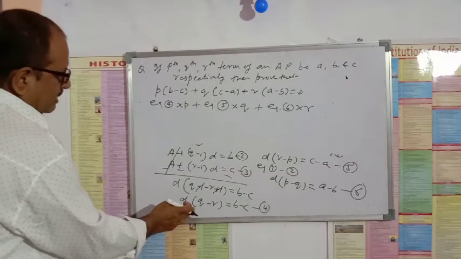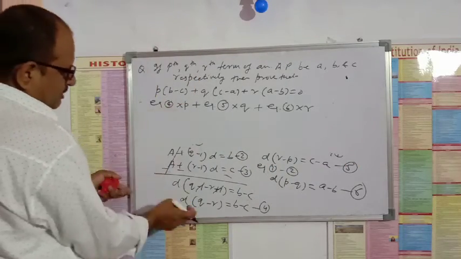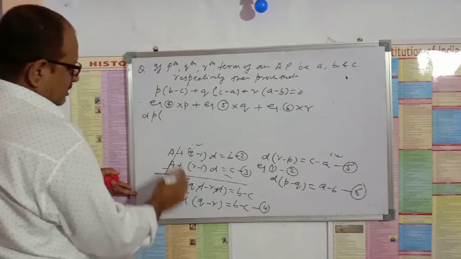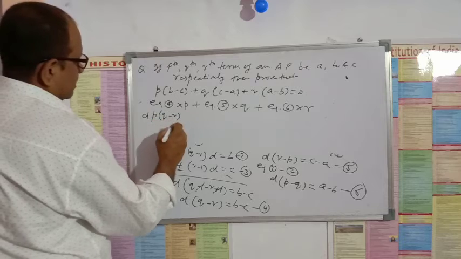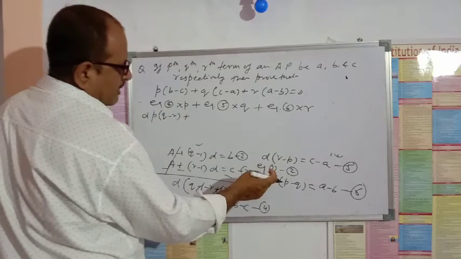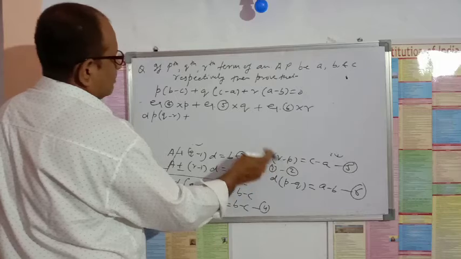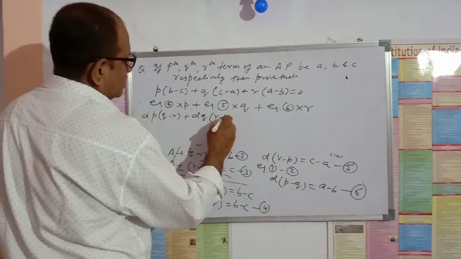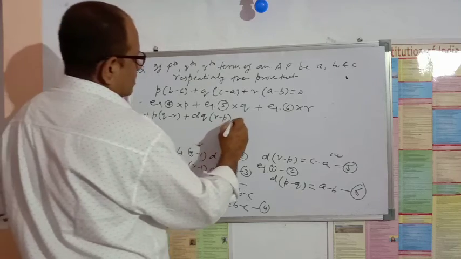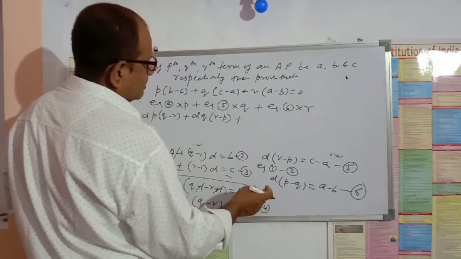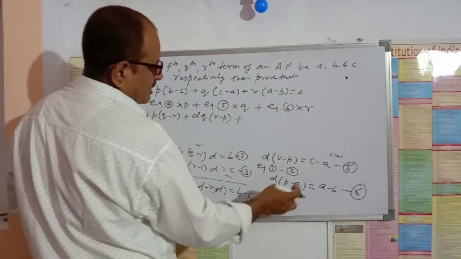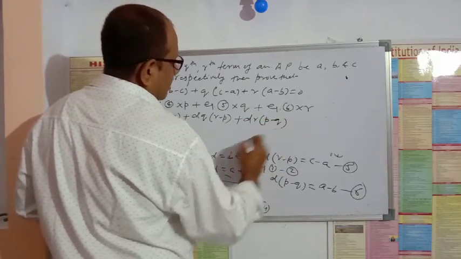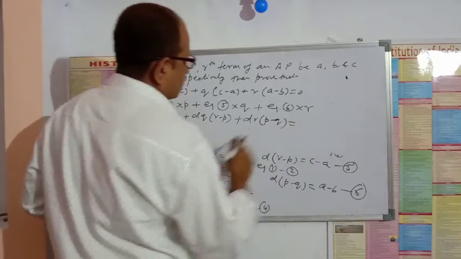So equation 4 multiplied by p: d into p(q minus r), plus in the fifth one we multiply by q: d q(r minus p), plus equation 6 multiplied by r: d r(p minus q) is equal to.